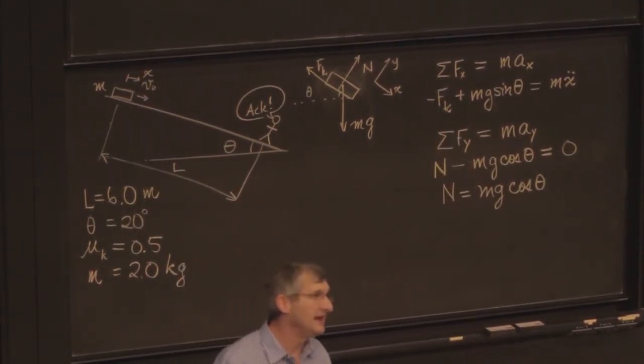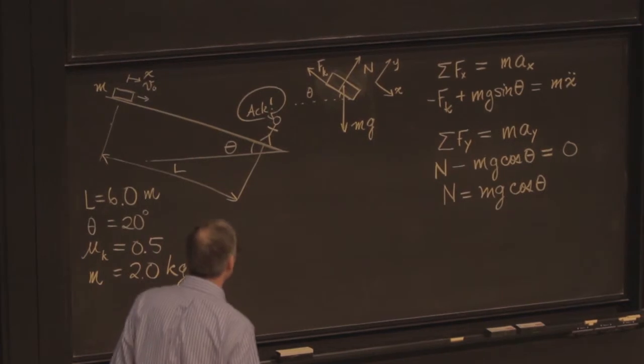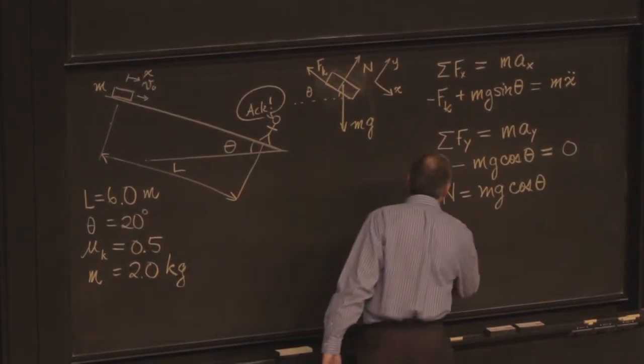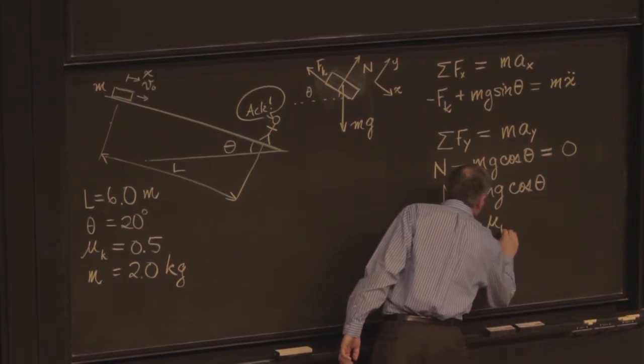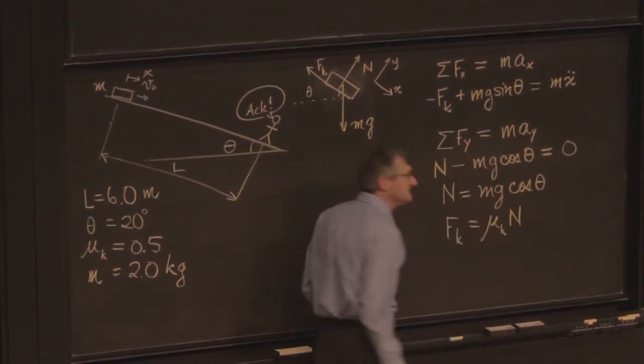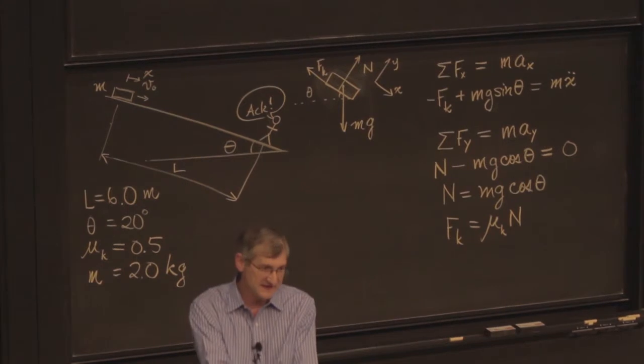And having the normal force, how do I get kinetic friction? Do I have to worry about an inequality? No, it's kinetic friction. So our approximation for kinetic friction is that F_k should be the coefficient of kinetic friction times the normal force at the interface.